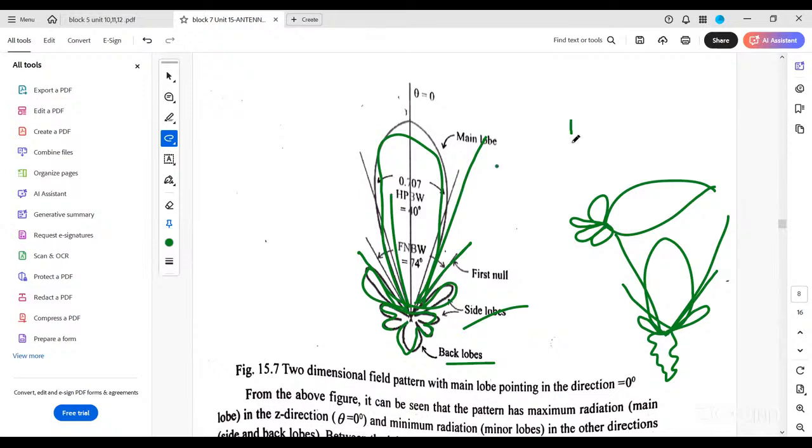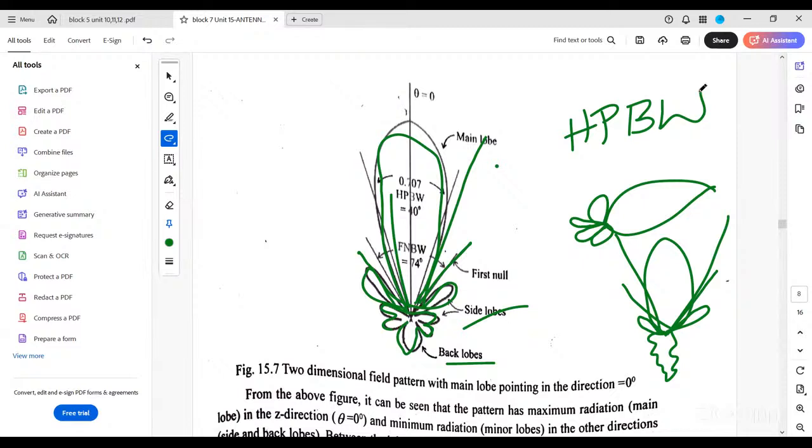What is HPBW? Half power beam width. To this, we take the angle values. Mention this if you get this answer. You have to write a description of this diagram with the formula: average value by maximum value. What is HPBW? Half power beam width.